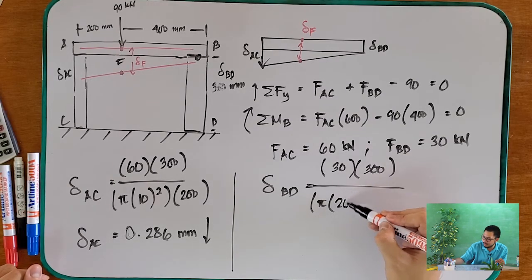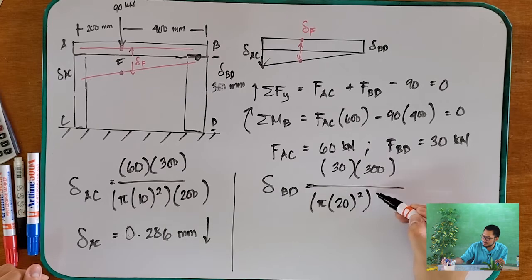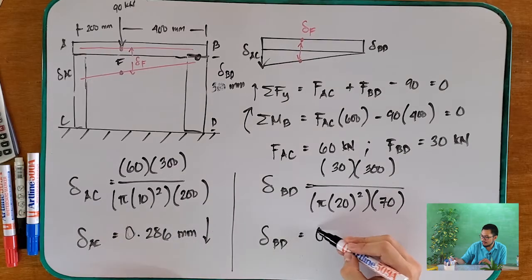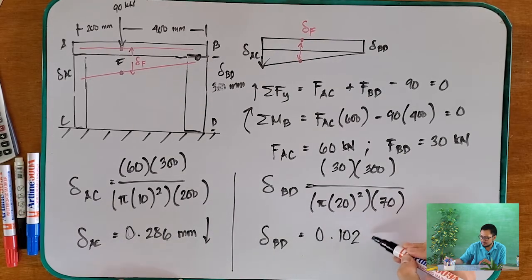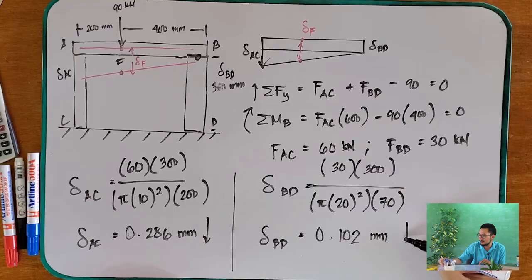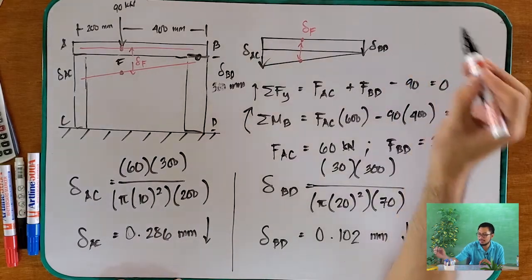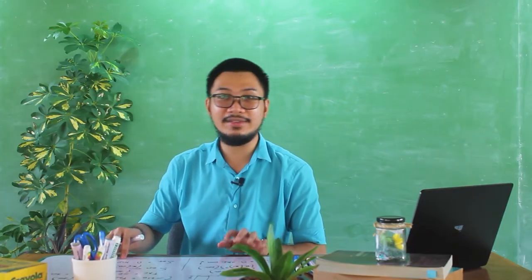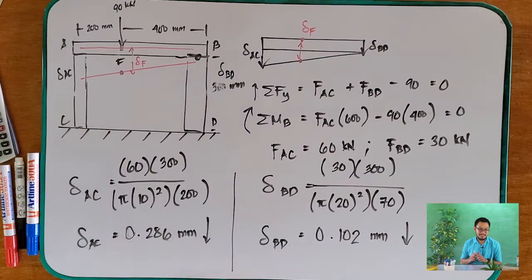So, the diameter is 20 squared times modulus of elasticity of aluminum 70. So, this one is 0.102 millimeters. And this is still going down, of course, because it is going down. Okay, so we had these answers, but we're not done yet because we're looking for delta F.